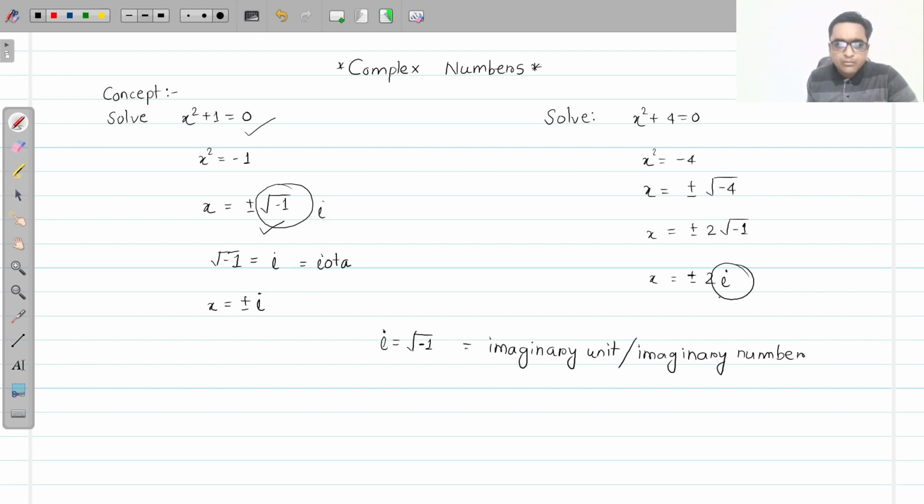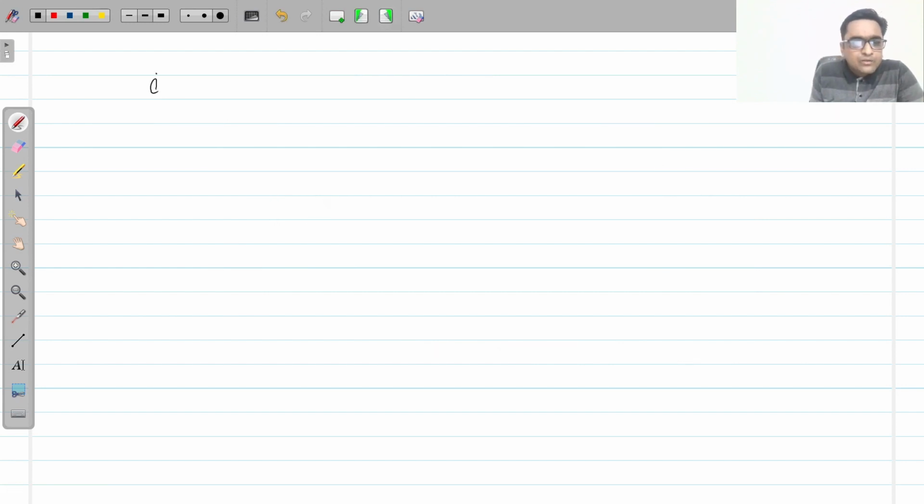It is simply a number. We know i is equal to under root of minus 1, so it is an imaginary unit or imaginary number. We can simply say it as iota.